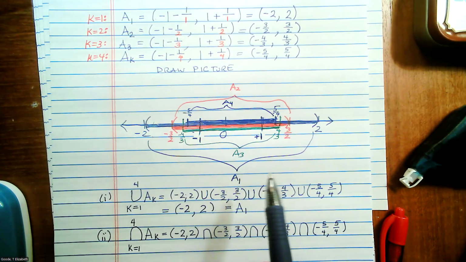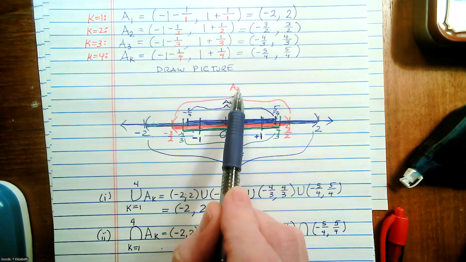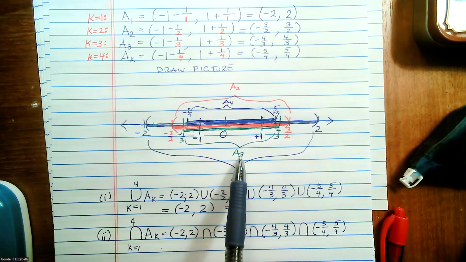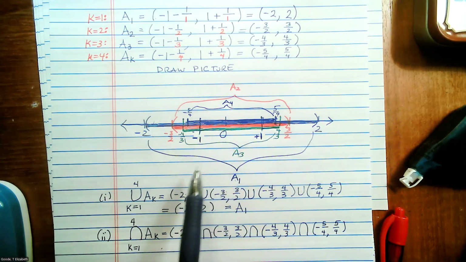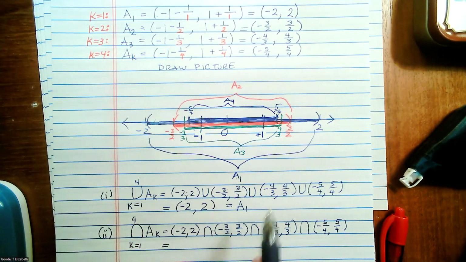So the only x's that will be in this intersection have to be in A1, and they have to be in A2, and they have to be in A3, and they have to be in A4. So what x's are in all four of those?